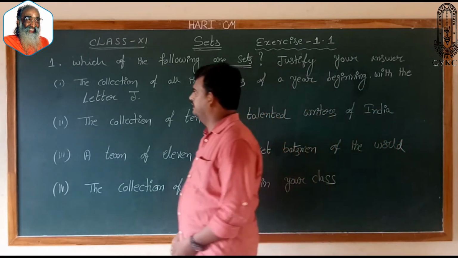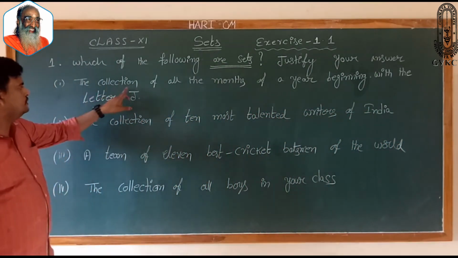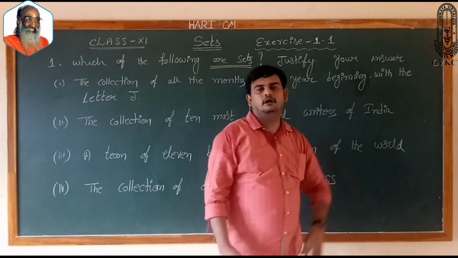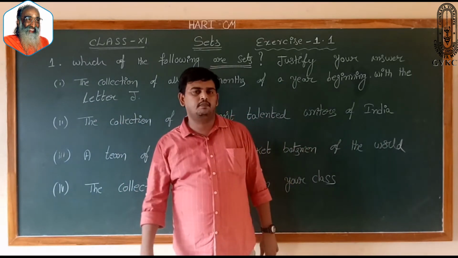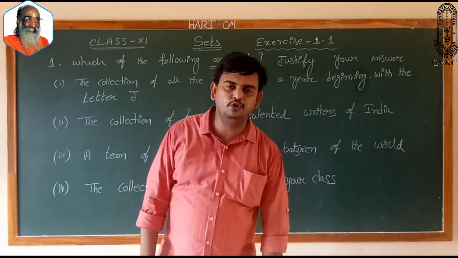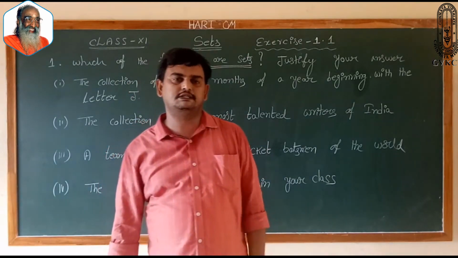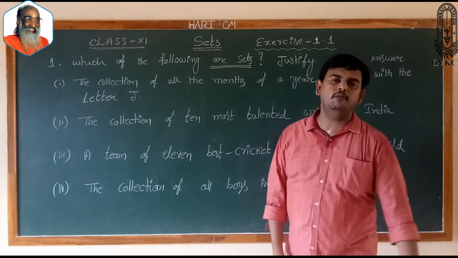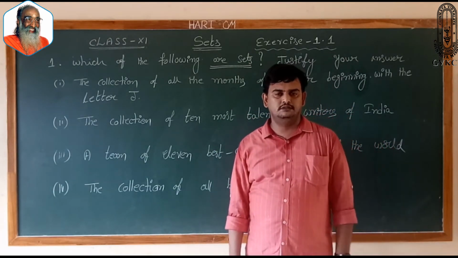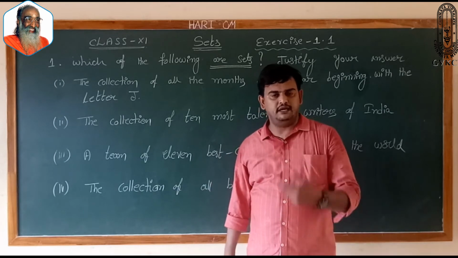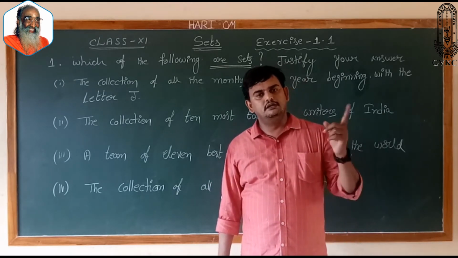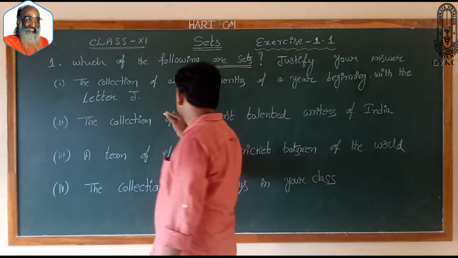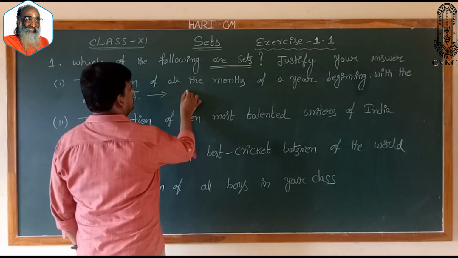The first statement given is: the collection of all the months of a year beginning with the letter J. If I give that question to class 11 students, meaning you: months in a year, how many months do we have? 12 months. Wherever you go, you will get the same. Of the months starting with the letter J, what are they?